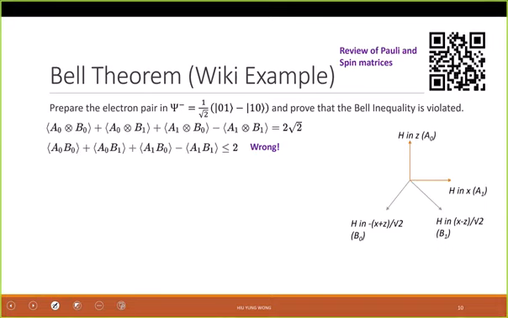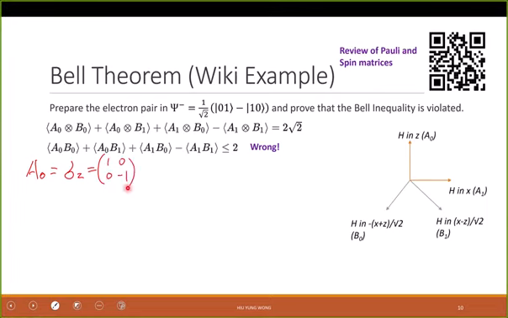So I would like to show how to calculate this from now on. Let's do some practice. First of all, we said that the A0 measurement is in the z direction. What is the corresponding operator? Magnetic field in the z direction, sigma z, very good. Sigma z equals 1, 0, 0, negative 1.